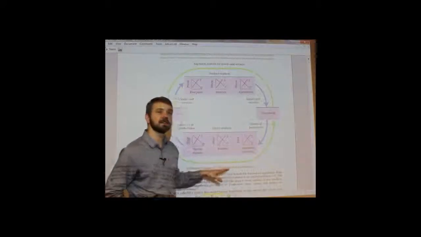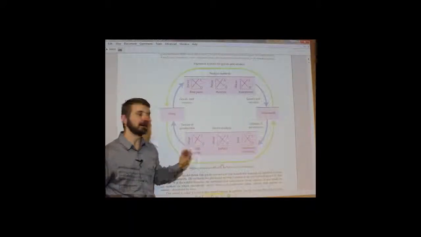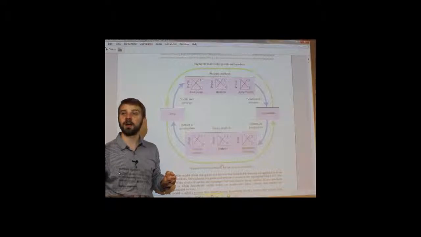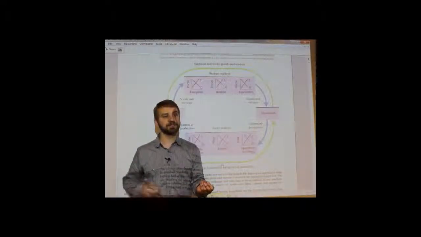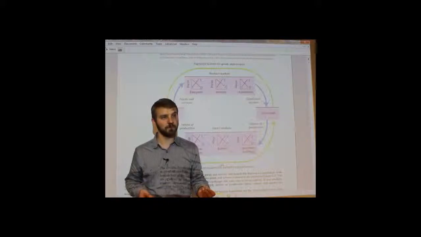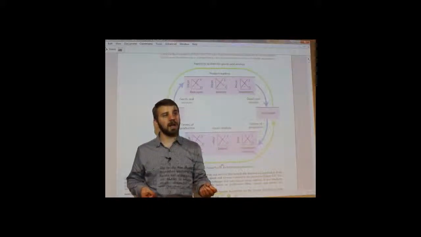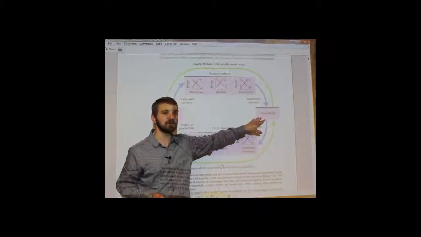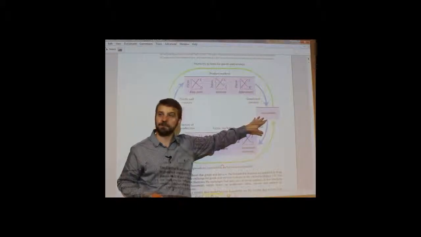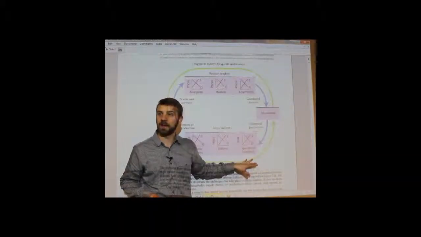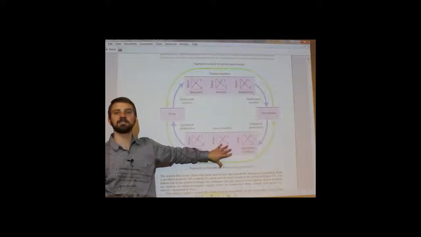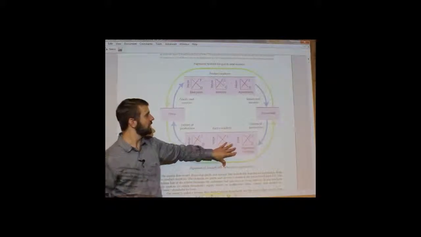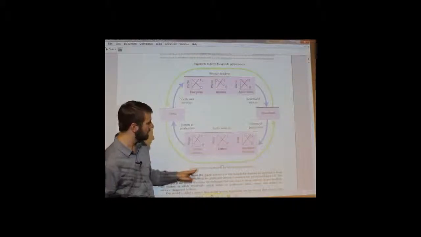Because who is the demander in a labor market? Firms, right? Firms demand workers. And households supply labor, right? So a household can be either a consumer or a producer. In the labor market, they're a producer. And so you can think about it like the household goes to work during the day, sells their labor, and then they bring home money.